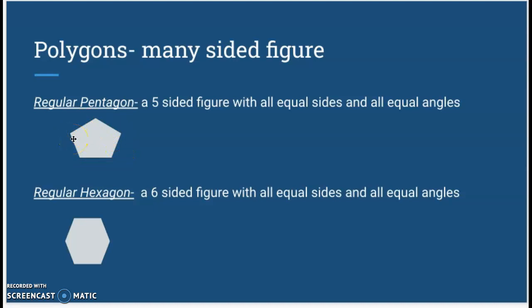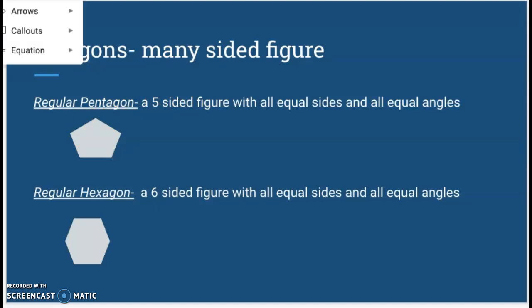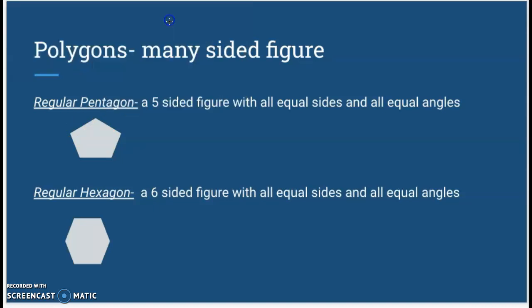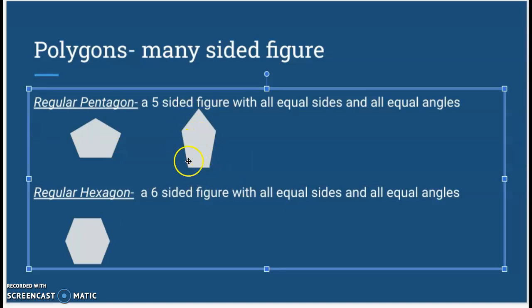So if I were to just say a pentagon, that means I can make that pentagon look like whatever I want. So let's say that I have this pentagon right here. This is clearly not all equal sides and all equal angles. These two lines are way bigger. These two angles are way bigger than this one, right? So this would just be a pentagon.